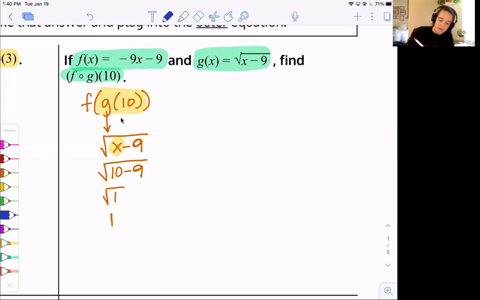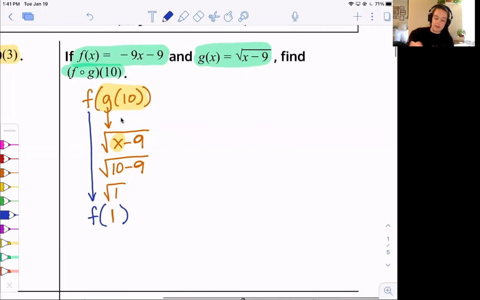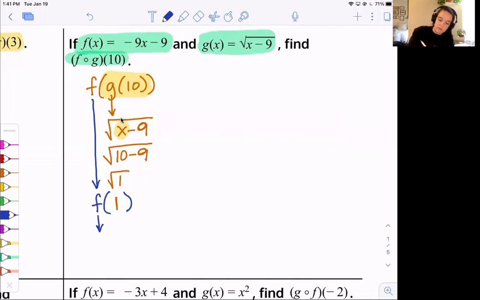And now I'm going to bring down my f function because I haven't used that yet. My f function's right here: negative 9x minus 9. Now I need to substitute the 1 in for x. So I'm going to have negative 9 times 1 minus 9.